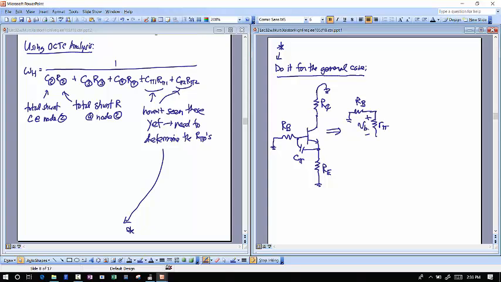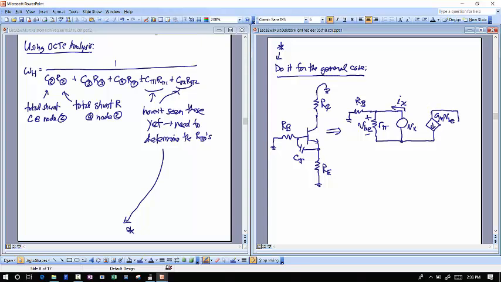I'm going to call the voltage across that R pi, as usual, VBE. In place of C pi, I'm going to put a test voltage source, from which I want to see the test current that responds, or how the circuit responds to that test voltage source. Then I'm going to have a gm times VBE here.